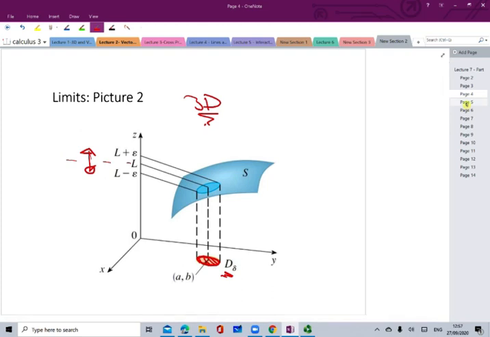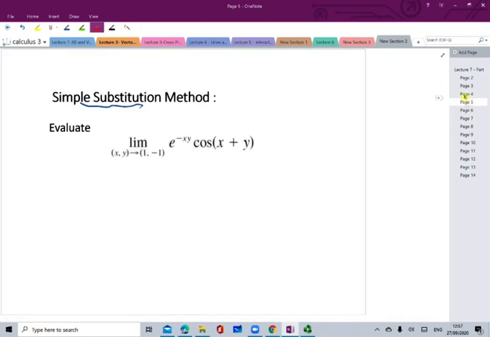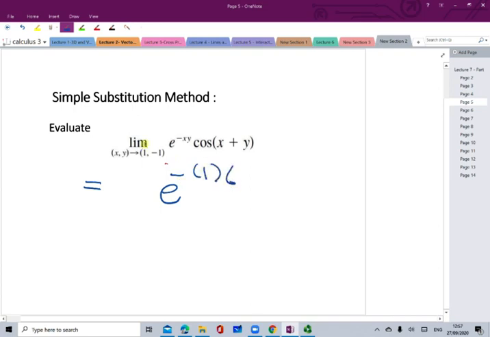Now the examples. If I do simple substitution like we did before for this problem, I want the limit as xy tends to (1, -1) of this function. All I have to do is substitute with the values of x and y. So I'll end up with e to the power -xy, with y equal to -1, times cosine of 1 minus 1.